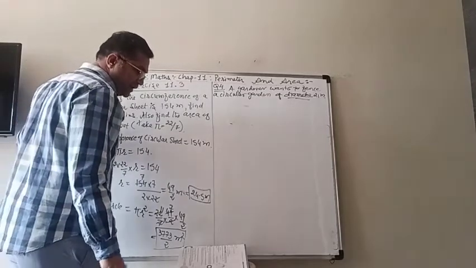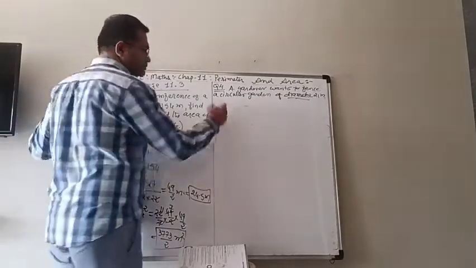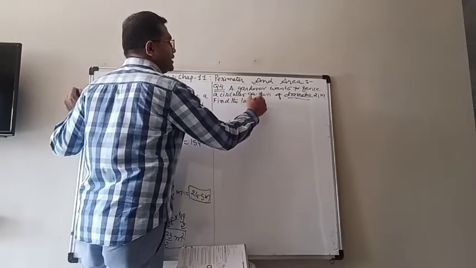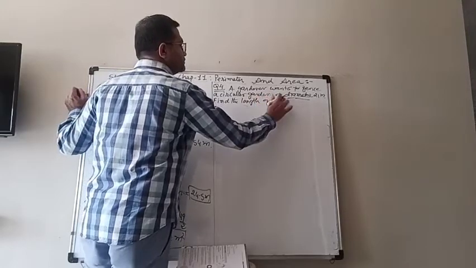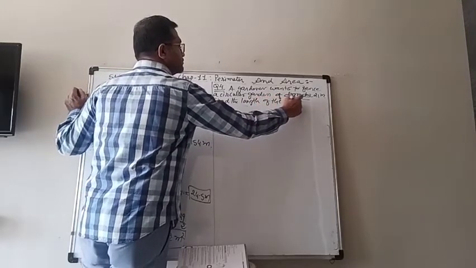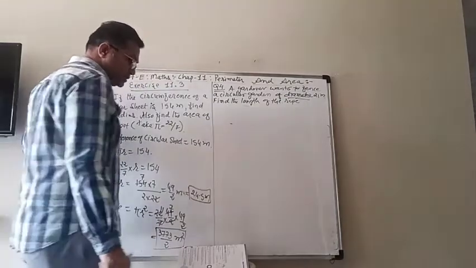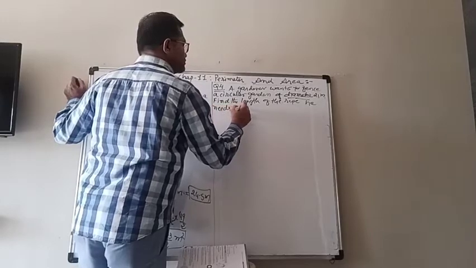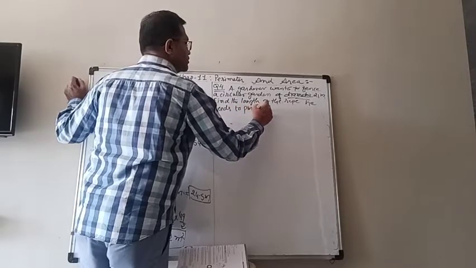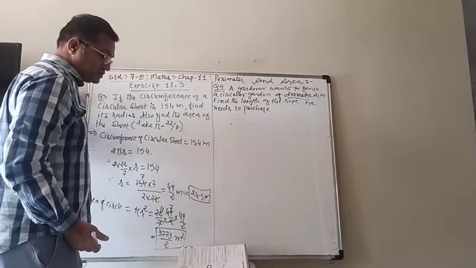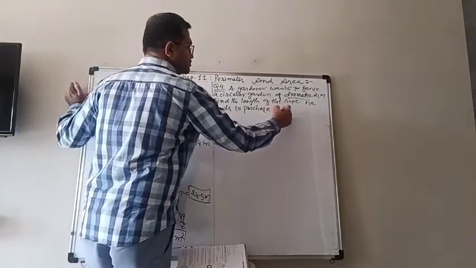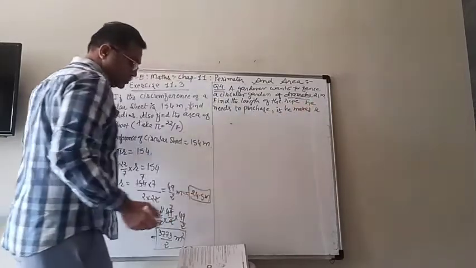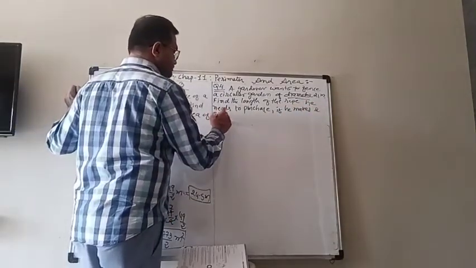Then find the length of the rope he needs to purchase if he makes 2 rounds of fence.